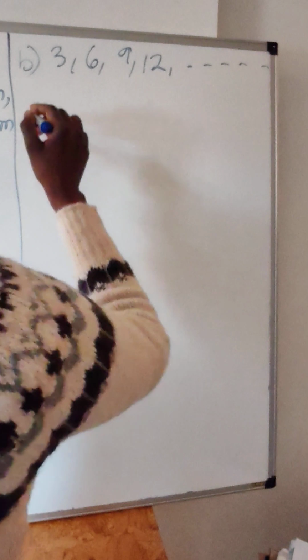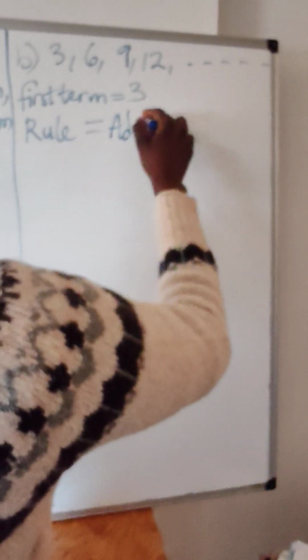Okay, for the second sequence, which is 3, 6, 9, 12, the first term, which is the starting point, is 3. If you look at the sequence very well, you discover the relationship between the first and the second term is add 3.